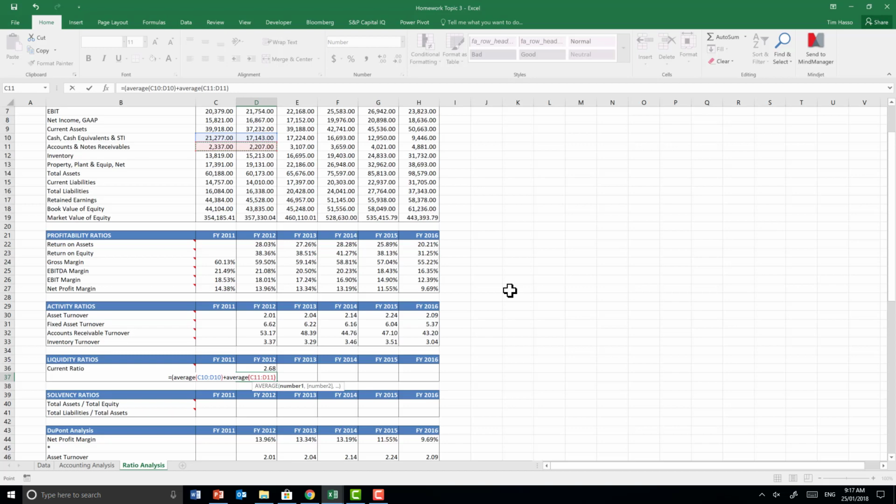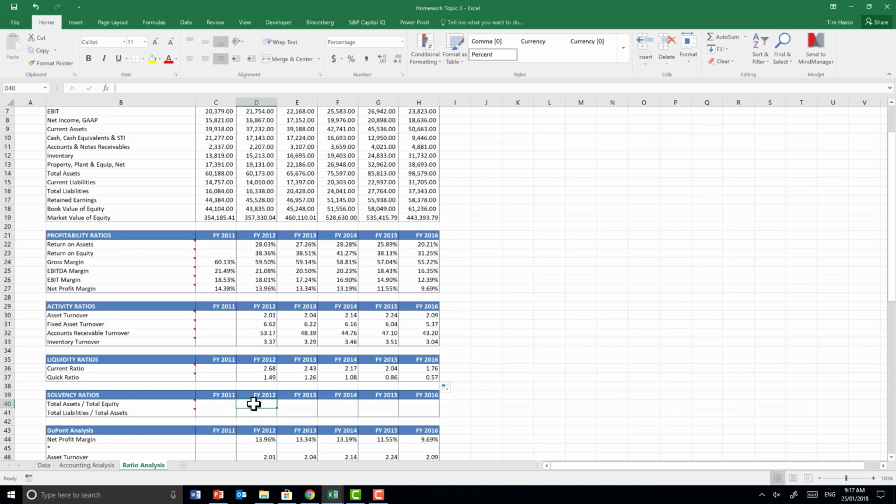Again, close the bracket, divided by average, and again, sorry, I actually just made a mistake. You need two closing of the brackets, and then divided by average, open up a bracket, and in this case we take our current liabilities, which is in row 15. Close the bracket, press enter, and it's 1.49. Again, once you've done that, you just drag it to the right.